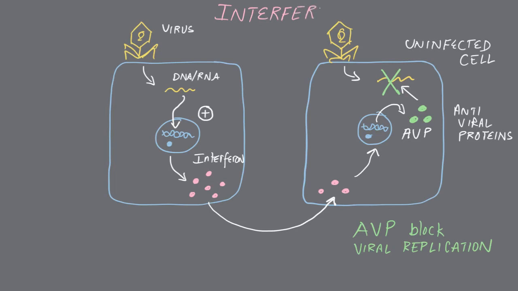So let's recap. Interferon is a protein that is produced by an infected cell, and its job is to signal healthy cells in the neighborhood to prepare for viral invasion. The last component of the second line of defense are protective proteins called complement proteins.